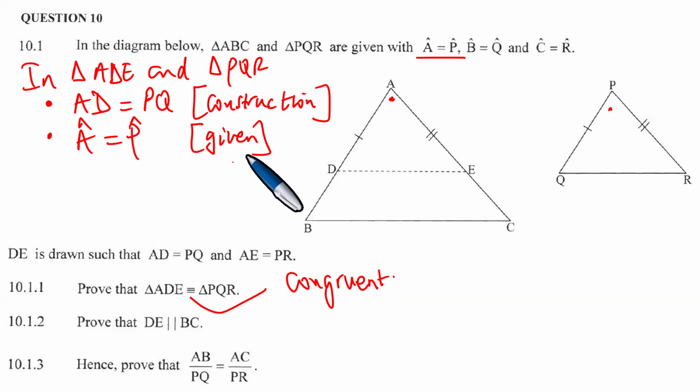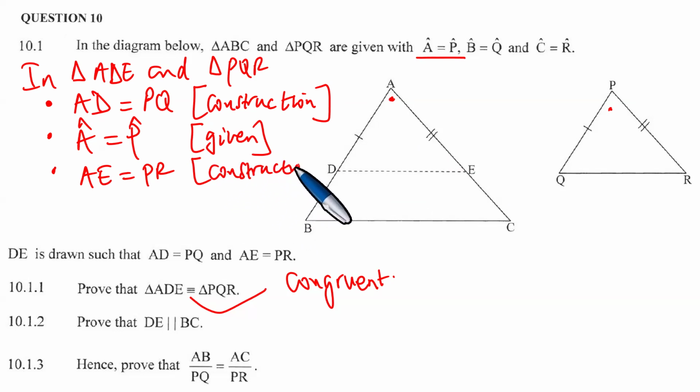It is given. And then we have that AE is equal to PR, by construction.